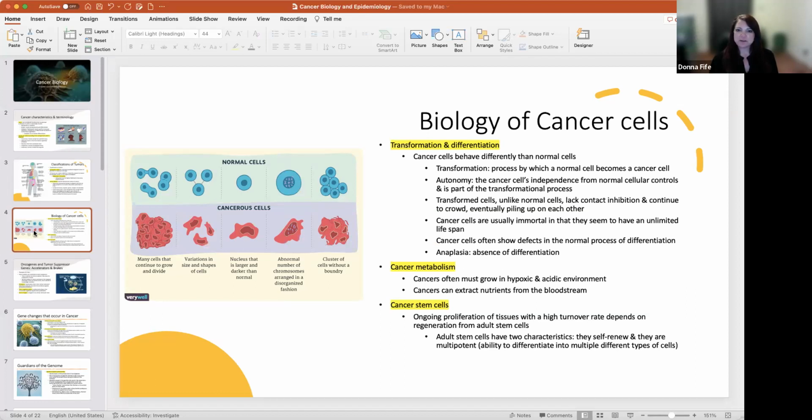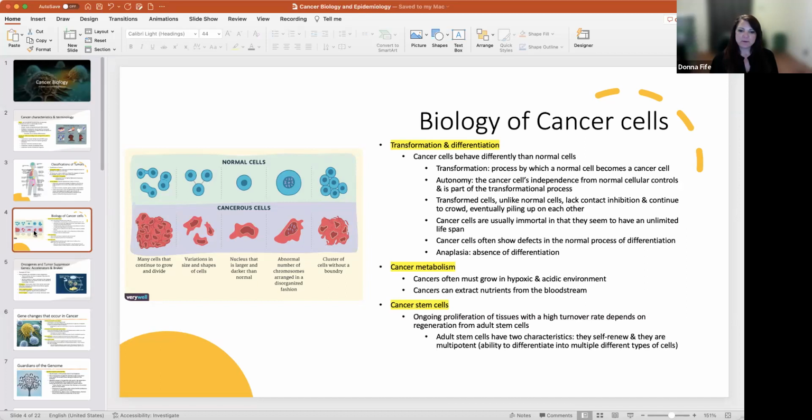Transformed cells, unlike normal cells, lack contact inhibition and continue to crowd, eventually piling up on each other. Cancer cells are usually immortal in that they seem to have an unlimited lifespan. Cancer cells often show defects in the normal process of differentiation. And anaplasia, there's an absence of differentiation.